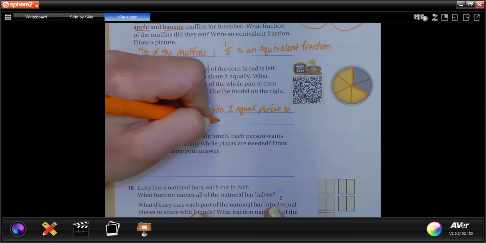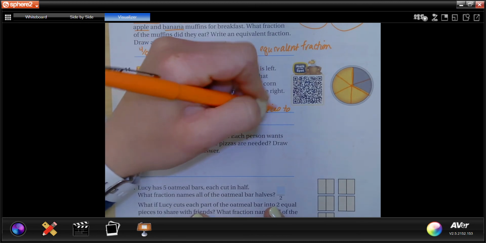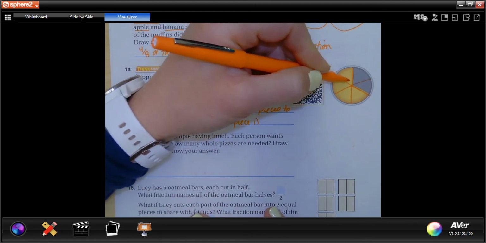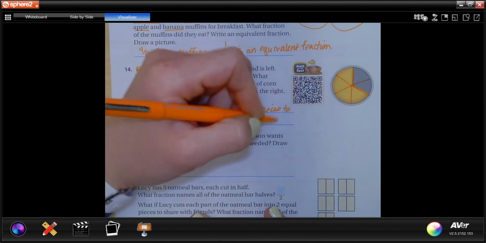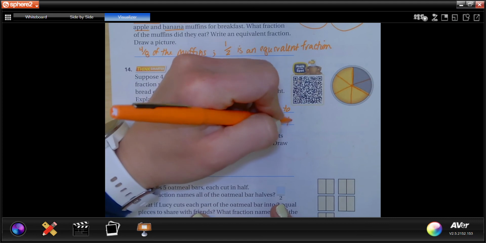Each piece is 1 out of 1, 2, 3, 4, 5, 6. It's 1/6 of the whole pie.